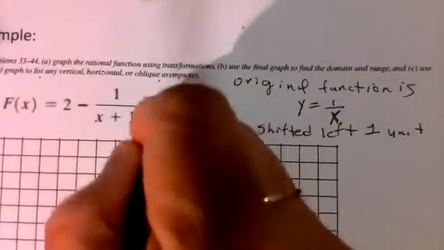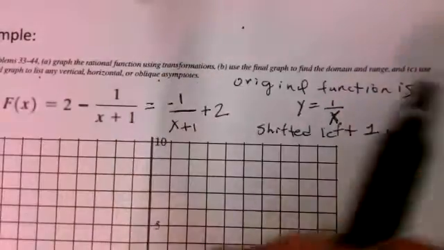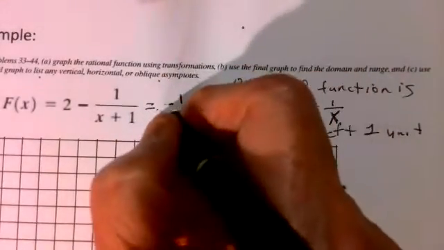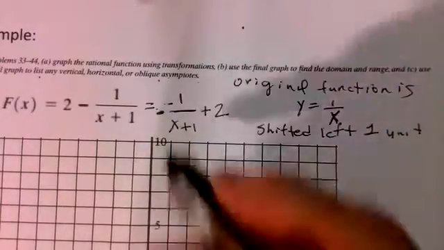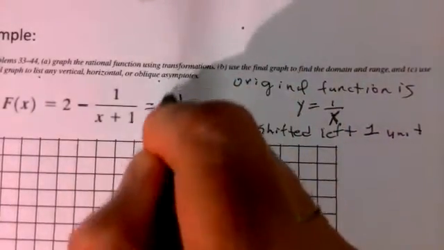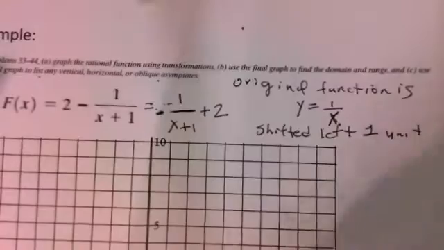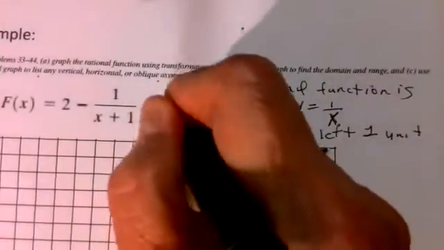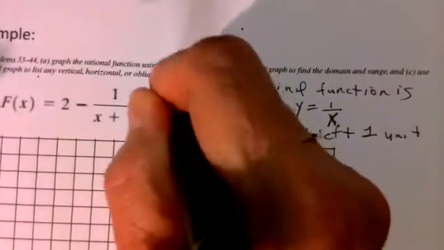It could be up there with the 1, but basically it's out here somewhere. You've got a negative in front of the 1 over x plus 1.